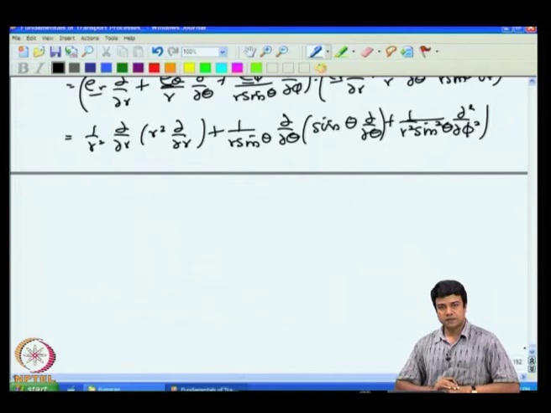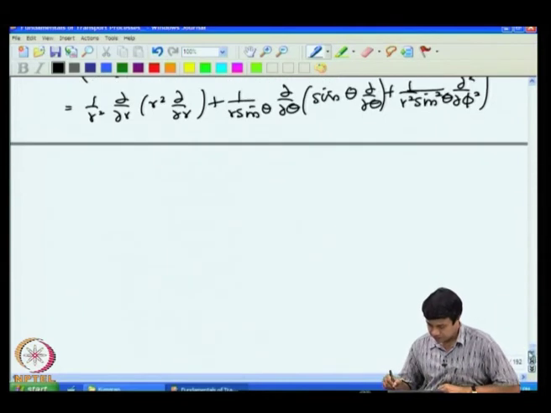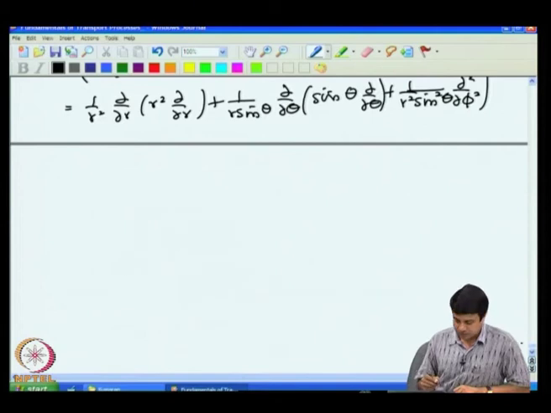So, that is the equation for mass conservation. The equation for energy conservation is quite easy to write.